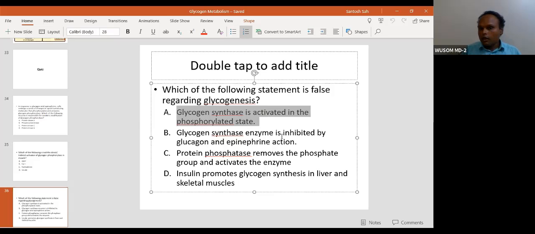Glycogen synthase enzyme is inhibited by glucagon. That is true. Insulin promotes glycogen synthesis. That is also true. So this statement is mostly true, and false in the case of phosphorylation. But this is totally false.